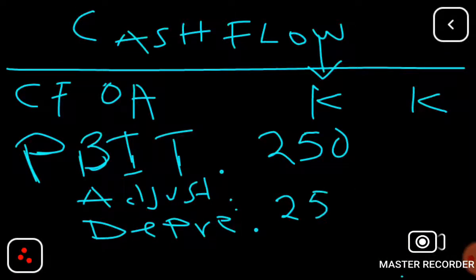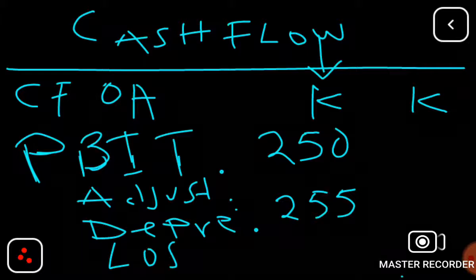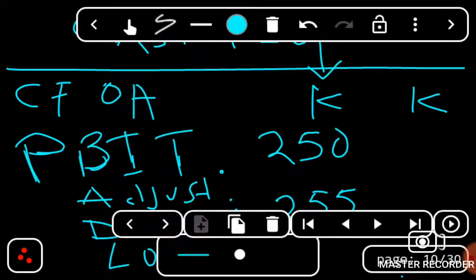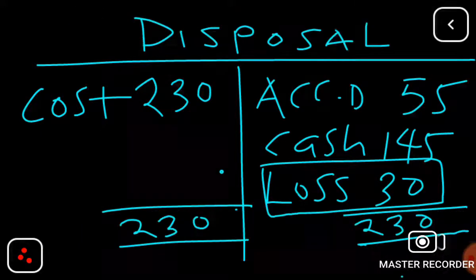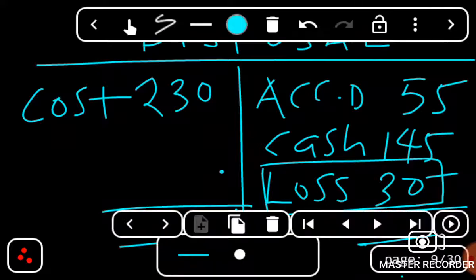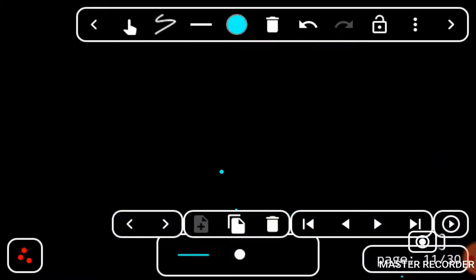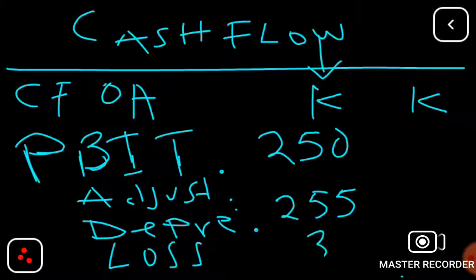This depreciation has to be added back because we had subtracted it in the profit or loss. Then the loss on disposal, remember it's an expense, we had calculated it as 30 here, so we add it back as 30, and we don't have anything else that we can adjust.